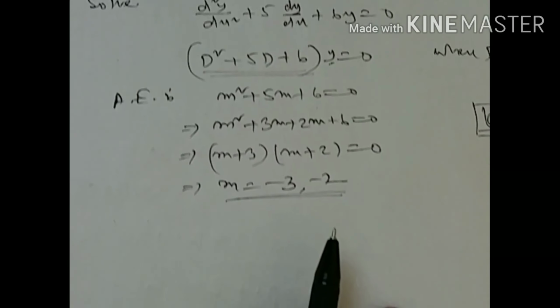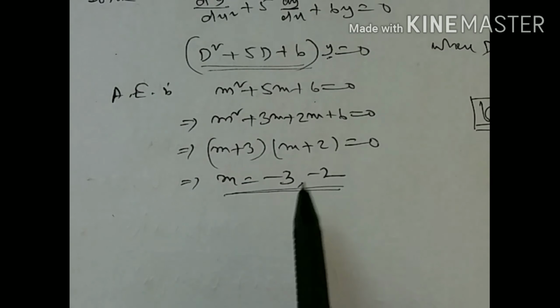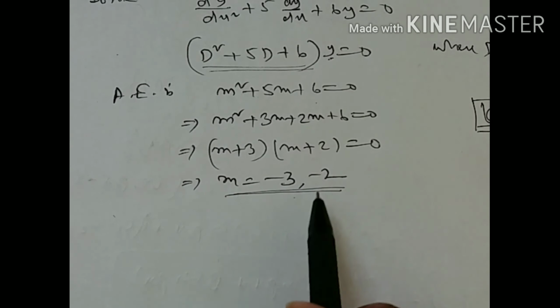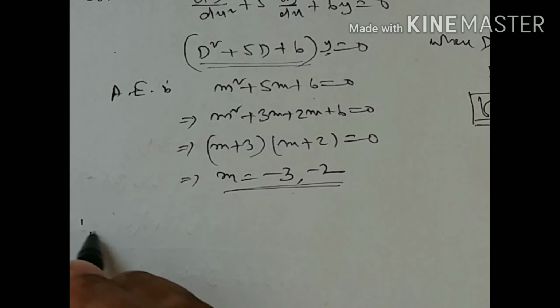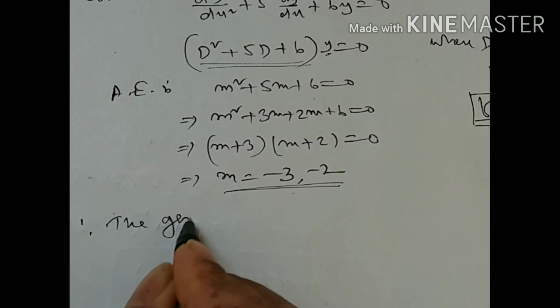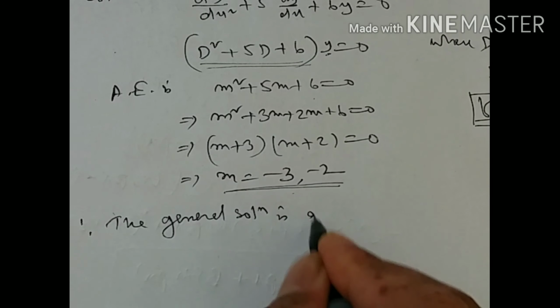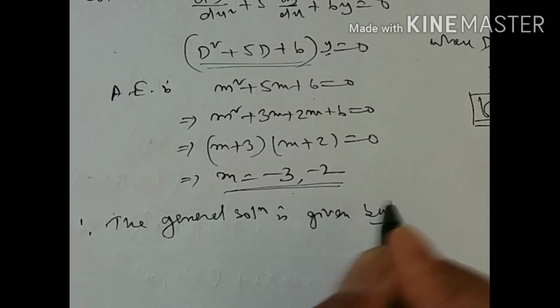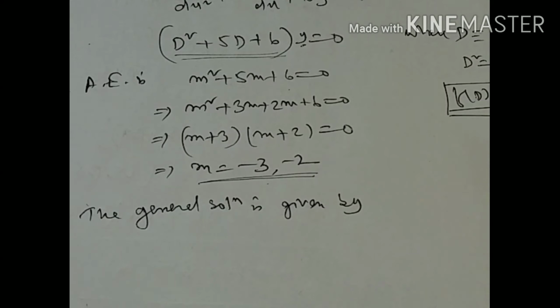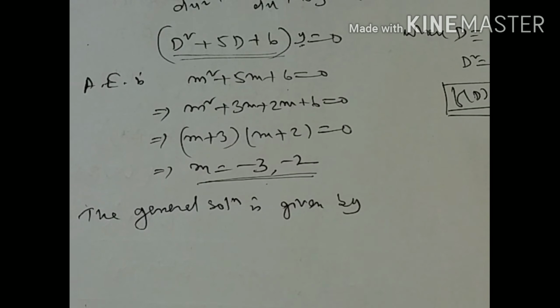So roots are real and distinct. The general solution is given by, we already learned how to write a general solution if the roots are real and distinct.